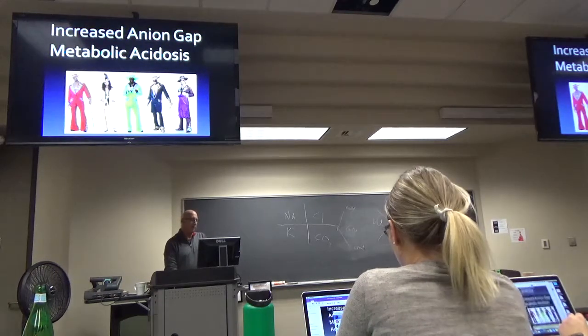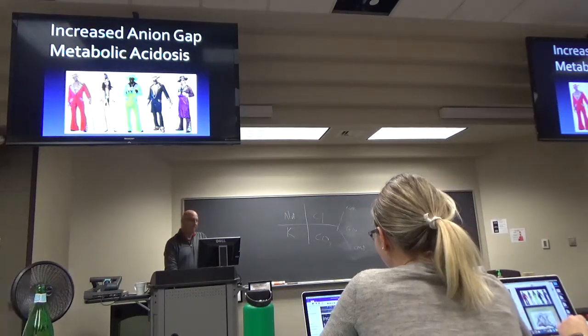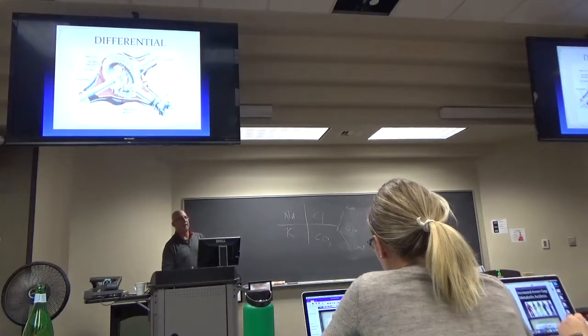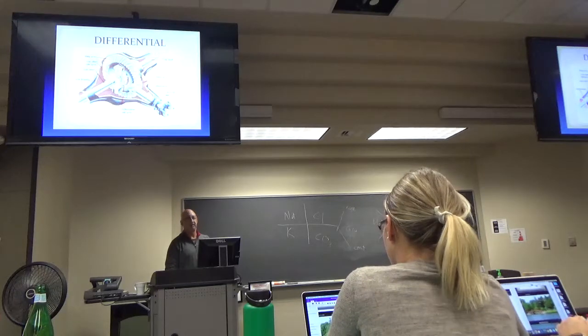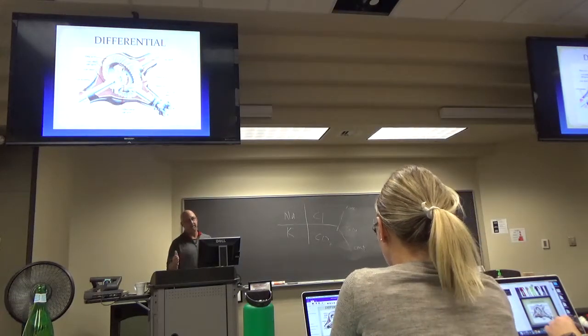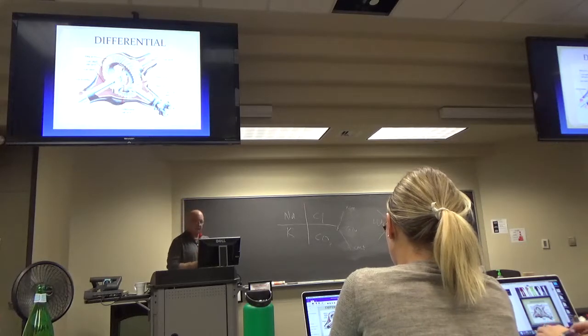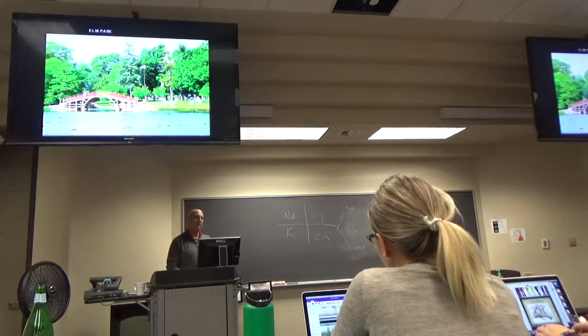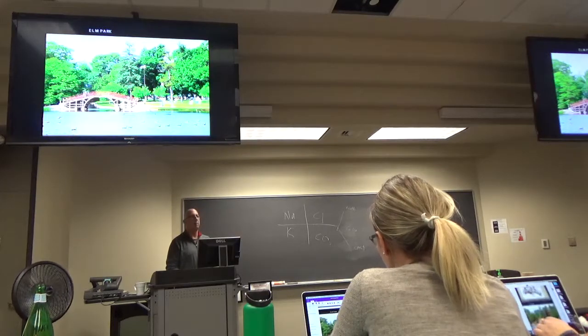I used to say something really clever about this, but I can't remember. So there's a differential for things that cause an anion gap acidosis. There's regular metabolic acidosis, and then there's anion gap metabolic acidosis. She's got an anion gap. So in the textbooks they have this mnemonic, it's Elm Park.